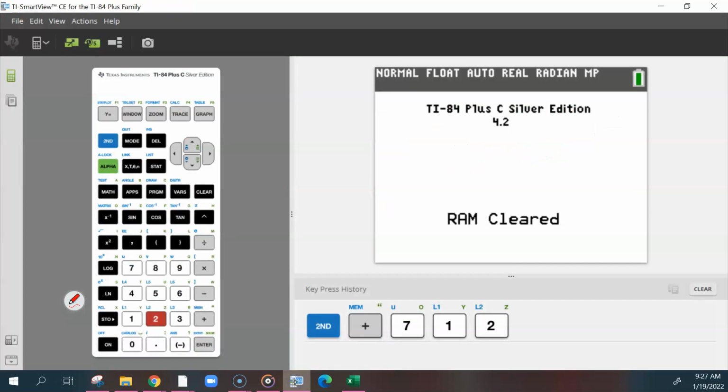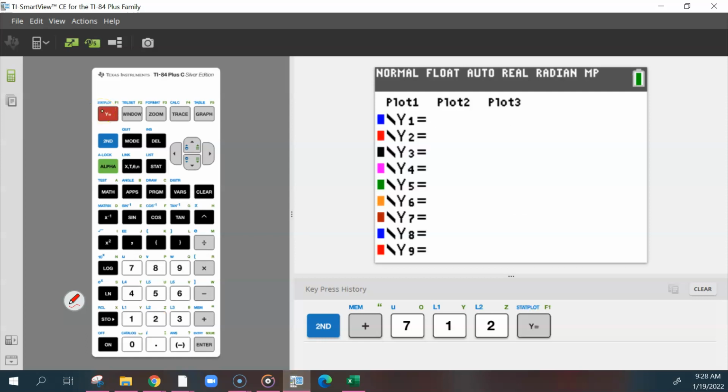Reset it if you haven't already. Second plus 7, 1, 2. Go into your y equals and put your two equations into y1 and y2. It doesn't matter which one you put in either one.